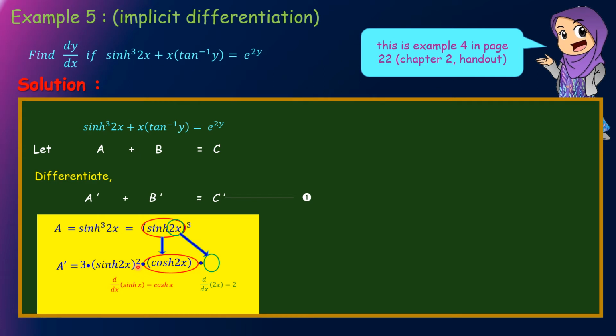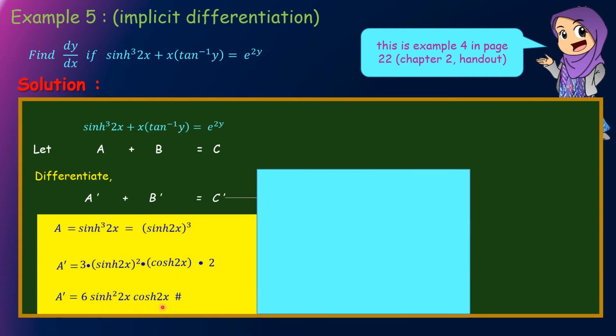And in between must be a multiplication operation. Then we differentiate 2x, so the answer should be 2. After that we simplify: we multiply 2 by 3, so we have 6. We bring the 2 here, so we have 6 sinh squared 2x cos 2x.